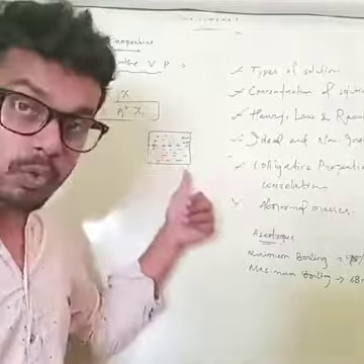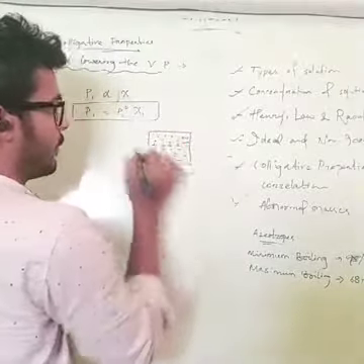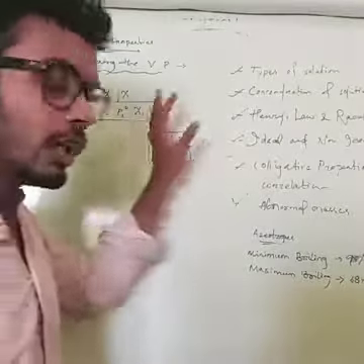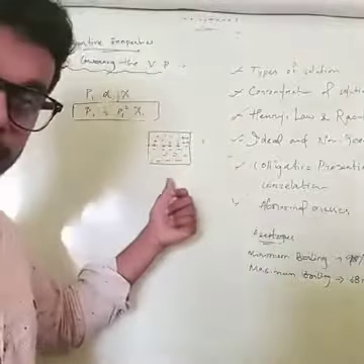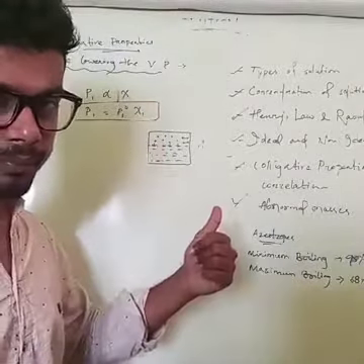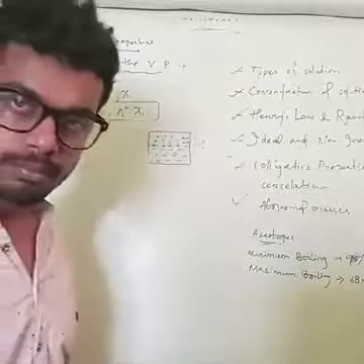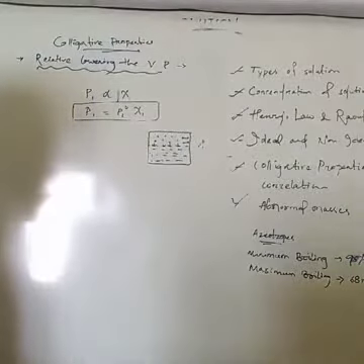In case of a pure solvent, this is the vapor pressure of the pure solvent, P1 naught. Because I am not taking any other liquid, only one solvent I have taken, and it creates pressure due to the presence of vapor over there.